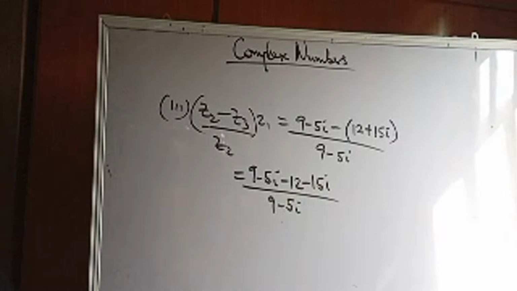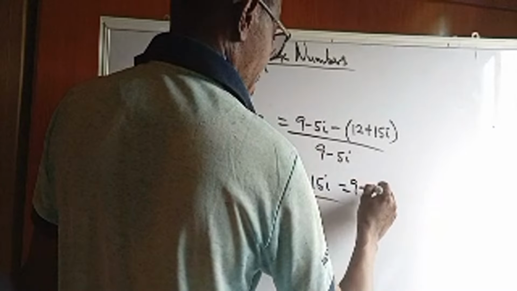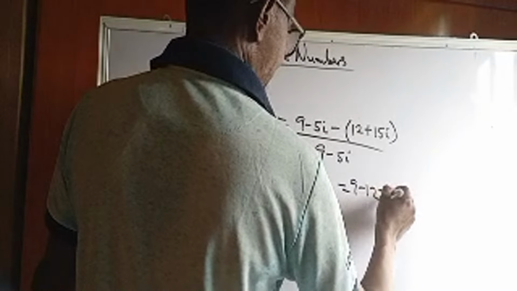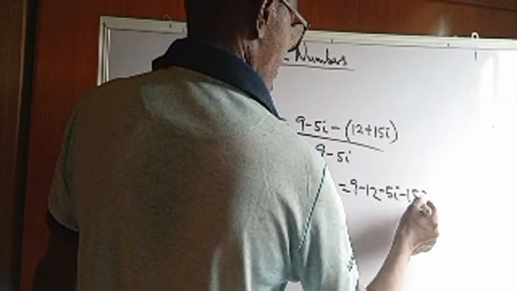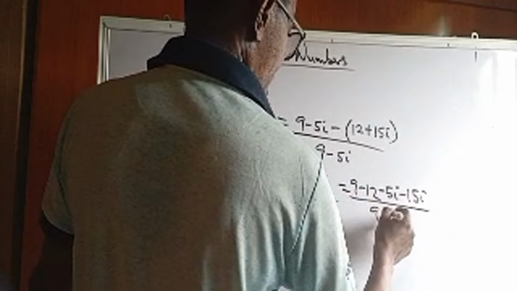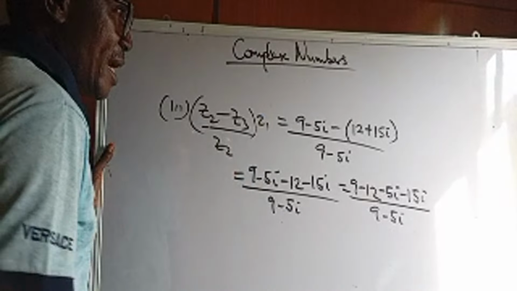Please, are we following? Good. So we collect like terms: 9 minus 12, minus 5i minus 15i, all over 9 minus 5i. Don't forget, we are still multiplying by Z1.